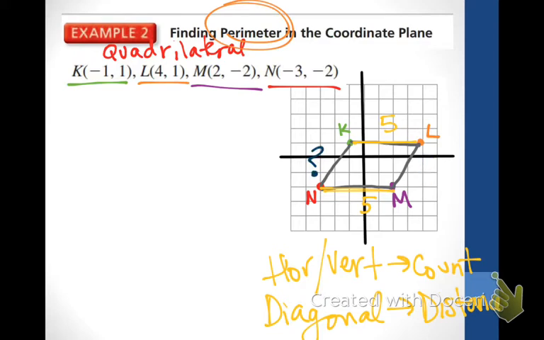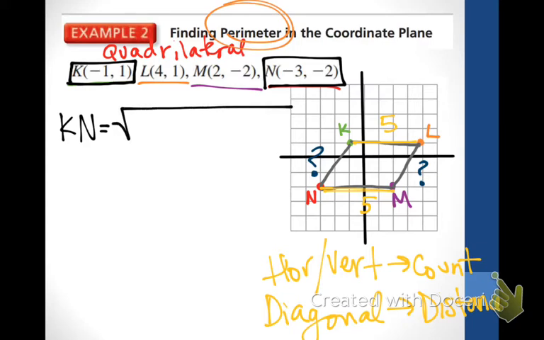So we are going to find the length of KN. So the only two points we should be looking at are K and N. You don't have to cross out L and M, but we want to be only looking at K and N. That was a very common mistake that I saw when I was walking around the room grading your classwork from yesterday, was people plugging in the wrong points.